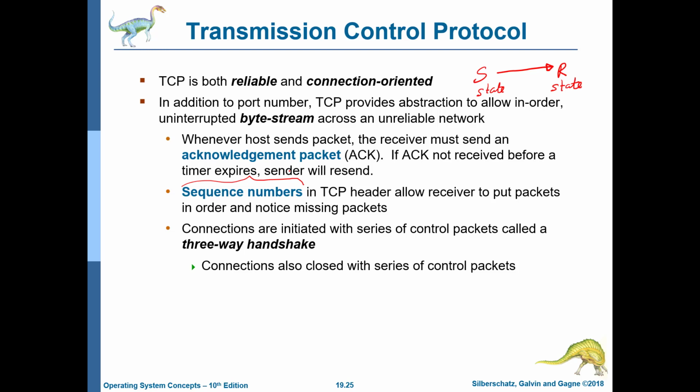So the TCP header allows the sender to embed sequence numbers to put packets in order. And also this allows both identification of duplicates and removal of duplicates, as well as ensuring that a sequence is maintained. In a sense, the order in which packets are sent, they are processed in the same order. Of course, setting up a connection in TCP is more expensive.